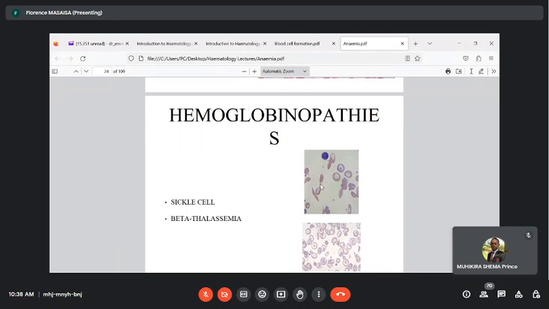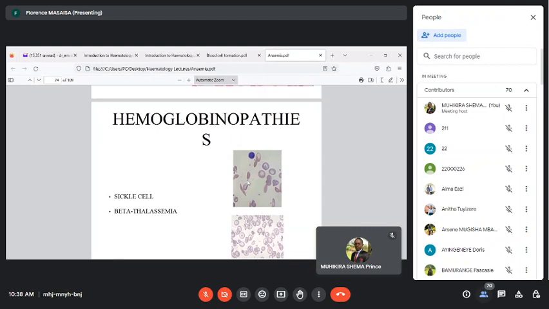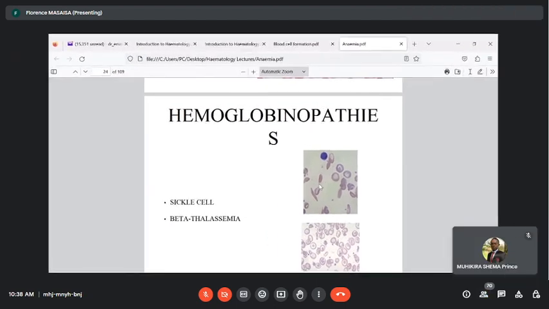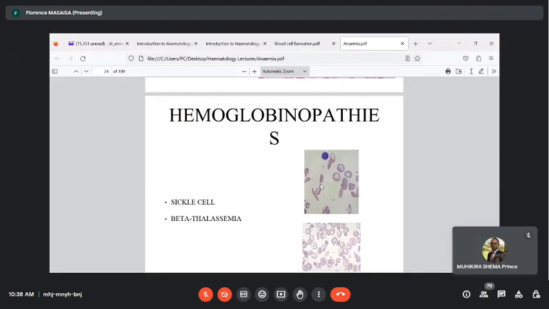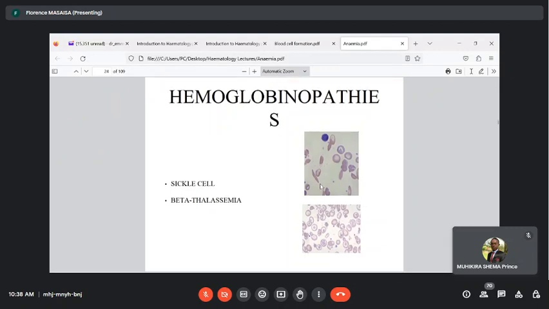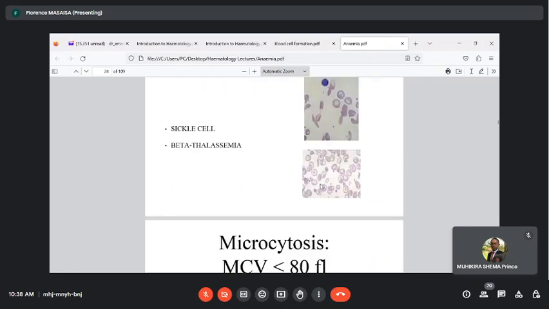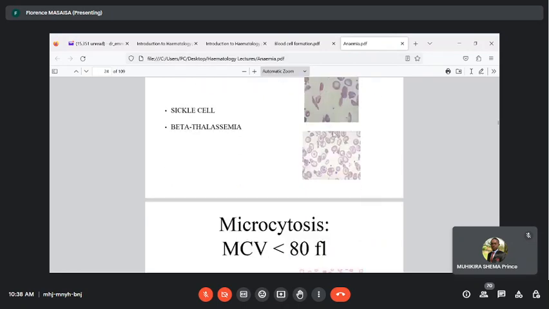So there will be a change in red cell morphology, becoming sickle-shaped. Sickle-shaped cells lose elasticity, and by losing the elasticity they cannot move through the bloodstream, and they can clump and obstruct the vessels, causing vaso-occlusion. That will be the pathophysiology of the sickle cell crisis. So this is how you can see sickle-shaped cells in the peripheral blood film.